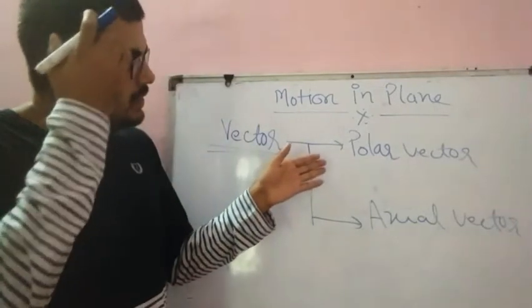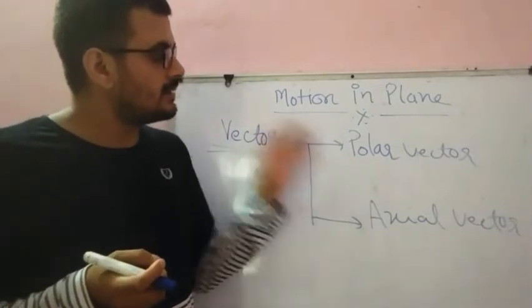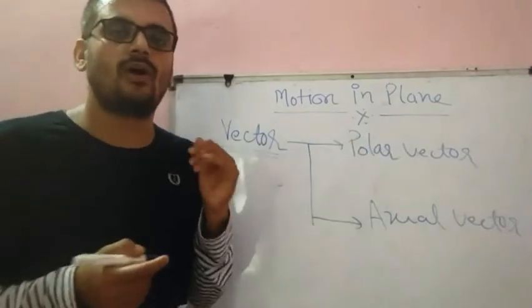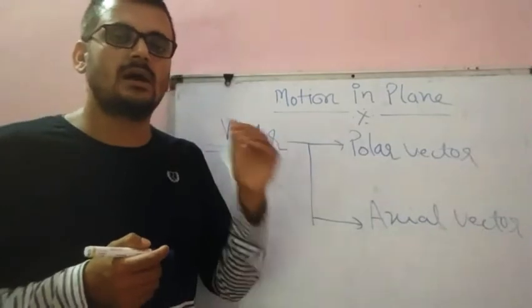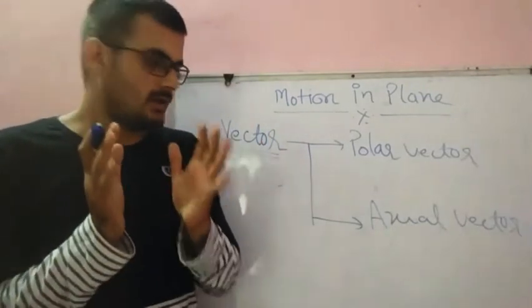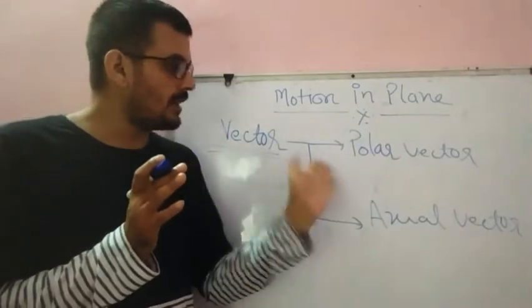Polar vector is that vector whose direction is always towards the direction of motion of the body. What is the meaning of polar vector?